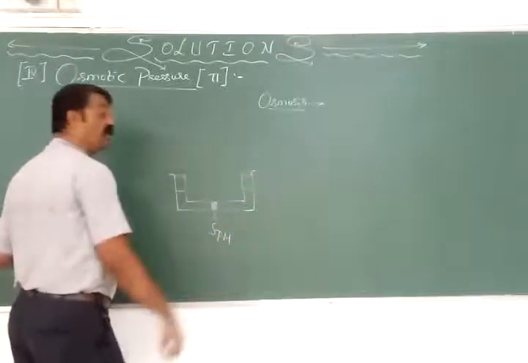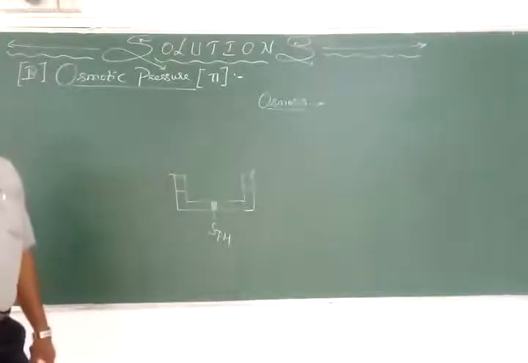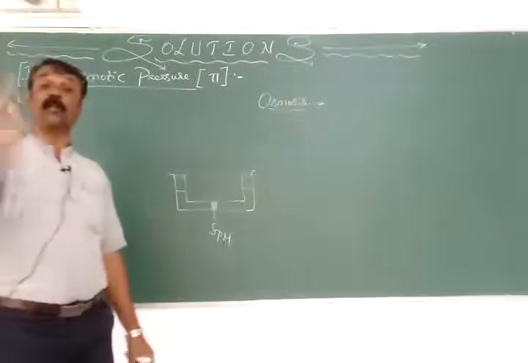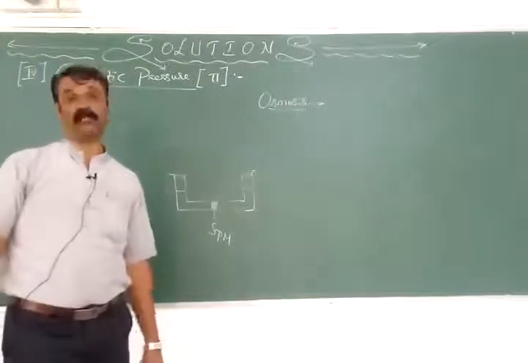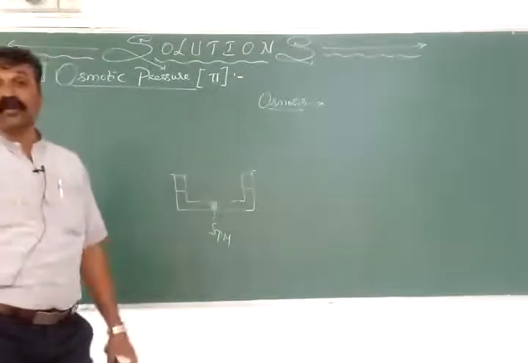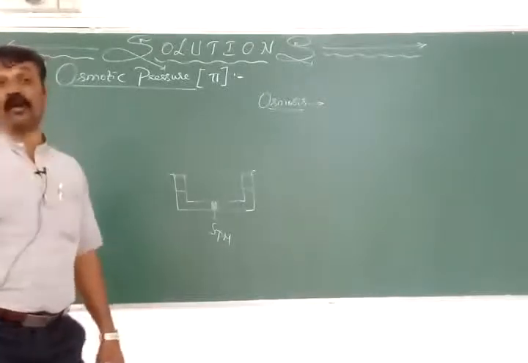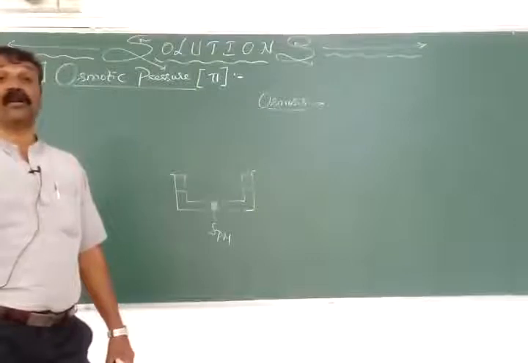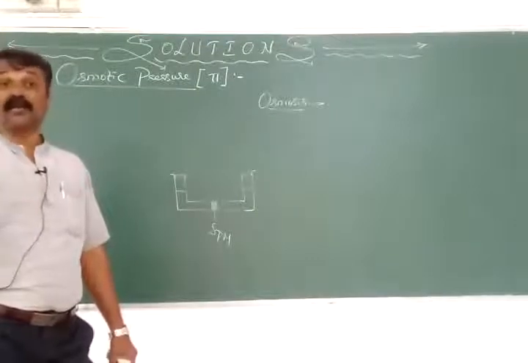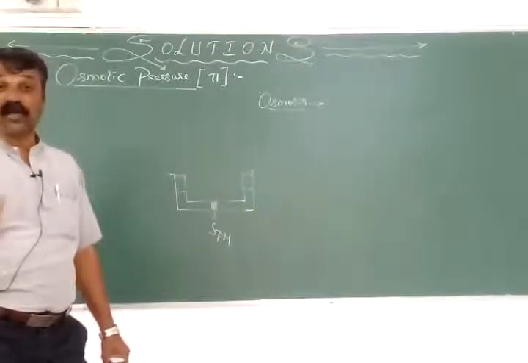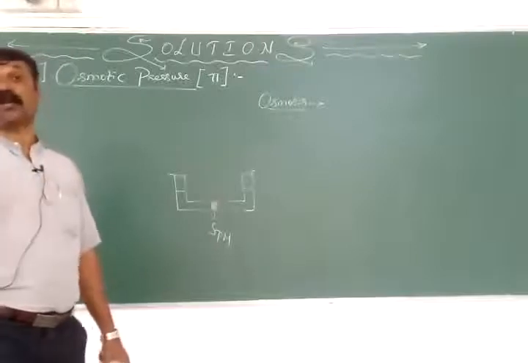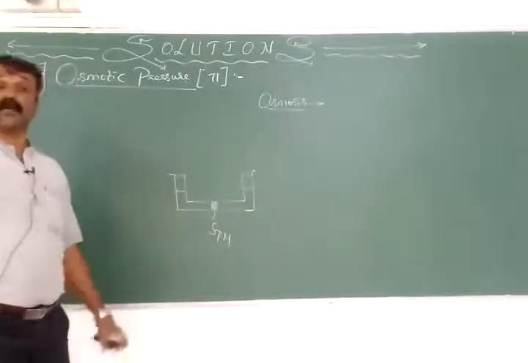What is that SPM? Semi-permeable membrane. It means the membrane or the sheet which can allow only one type of particles but not the other. If a solute and a solvent are present, only the solvent has to move but not the solute. That property is called semi-permeable. Semi means half. It allows only the smaller size particles but not the larger. That is why it is called a semi-permeable membrane.